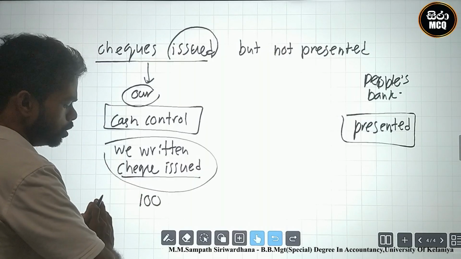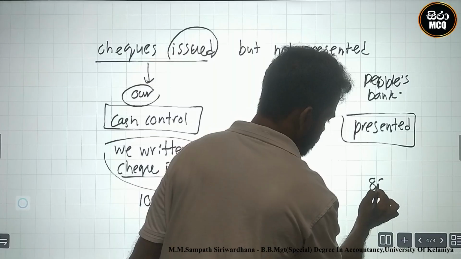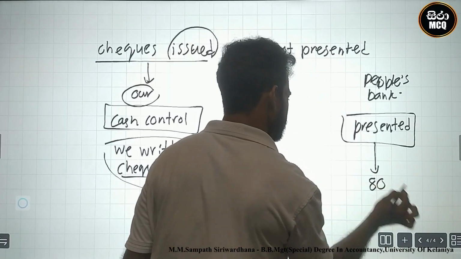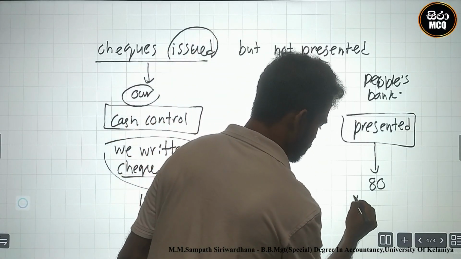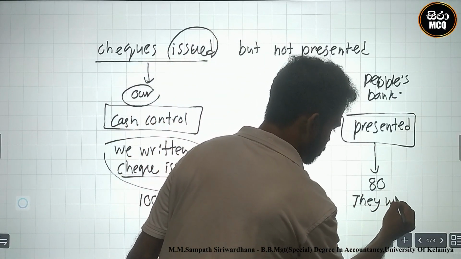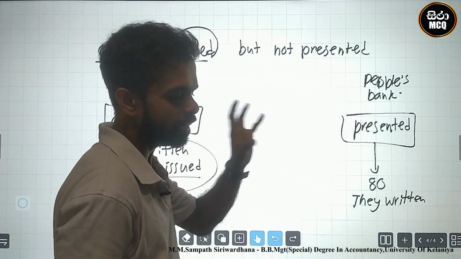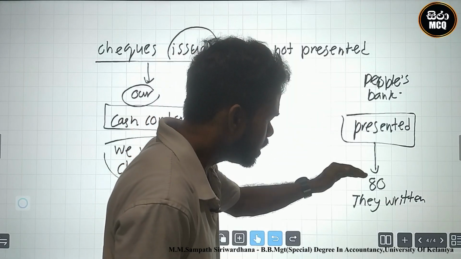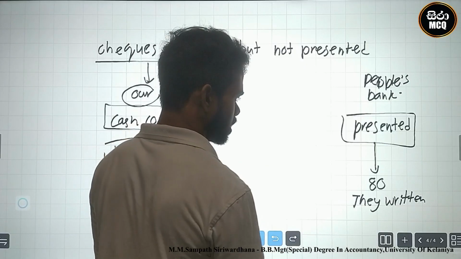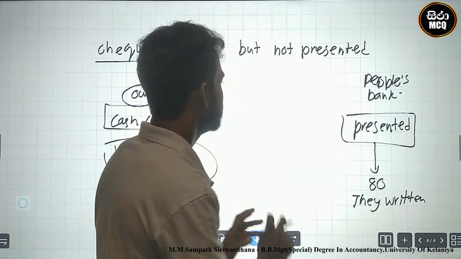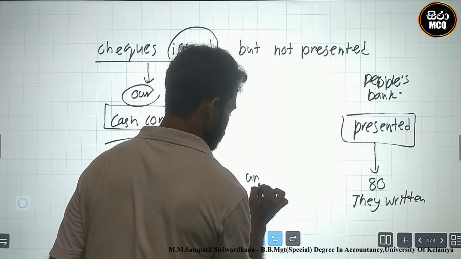Look here, we issued some checks of 100, but the bank, People's Bank, said only 80 was presented. This presented means they have written only 80. We issued 100. There is a not presented amount. Presented only 80, not presented is 20. There is a gap.